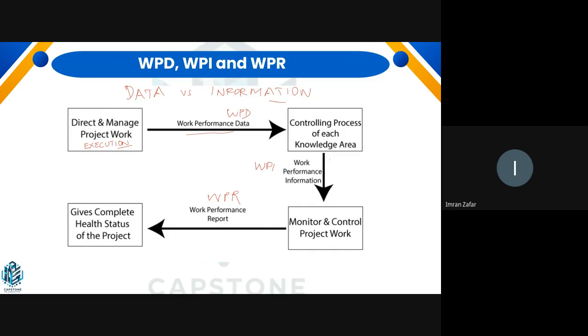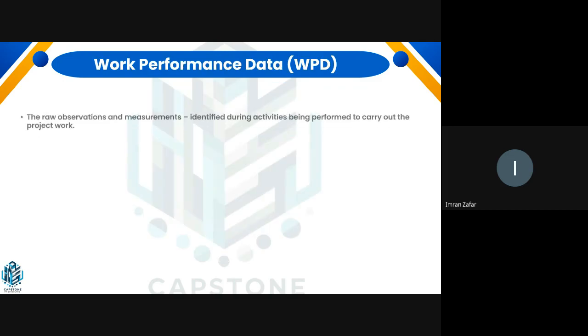So we do a plan versus actual kind of analysis, and then that becomes information. I had planned earlier, but this is what is actually happening. When we compare this, that becomes our information, and then we summarize it and share it with our management. That becomes our work performance report that we share with our stakeholders.